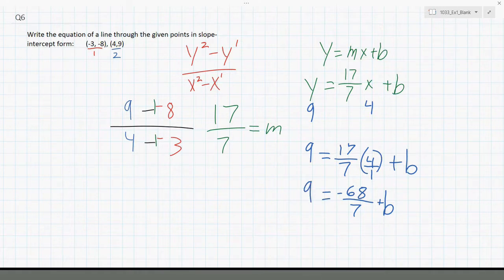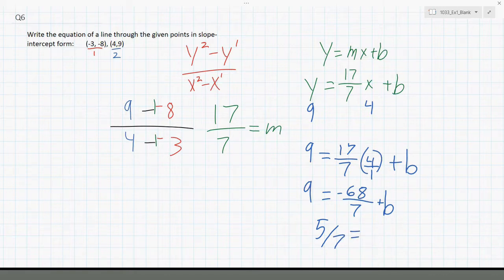So that means 9 minus 68 over 7 would be, and if you're using graphing calculators, you want to hit the math button and you want to hit fraction and hit it one more time. 5 over 7. So I have 5 over 7 positive?